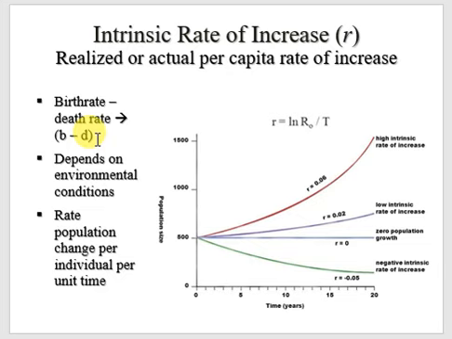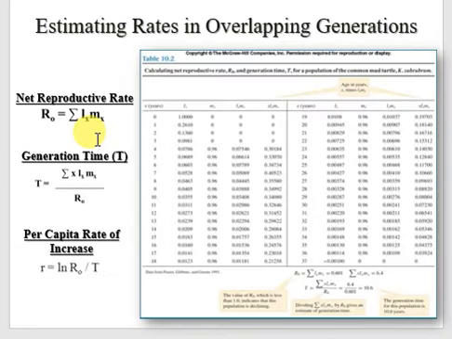So if we calculated the per capita rate of increase for our little turtle friends here, right? Again, because the generations overlap, we're using the specific formula where you take the logarithm of the net reproductive rate over generation time.